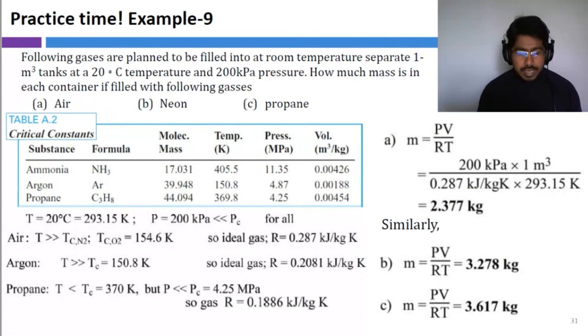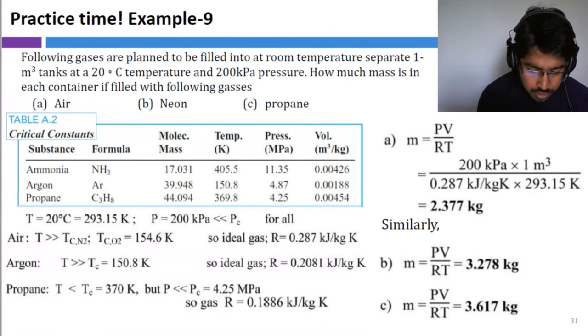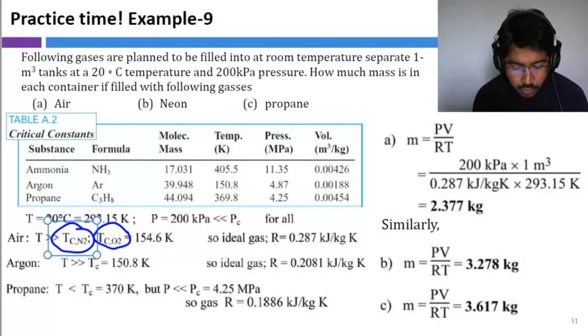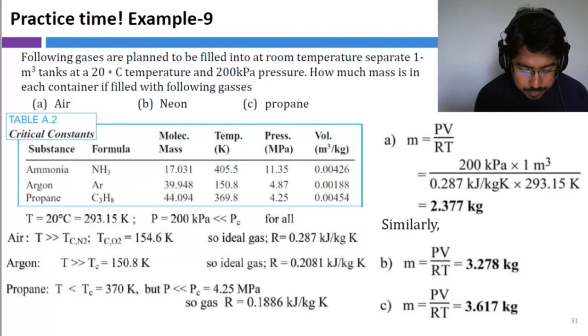For air, if you check the critical constants table, we don't have a substance called air in there. So what we can do is check the critical conditions of the constituents of air, nitrogen, CO2, and these substances. We get the critical temperature for nitrogen and for CO2 as well.